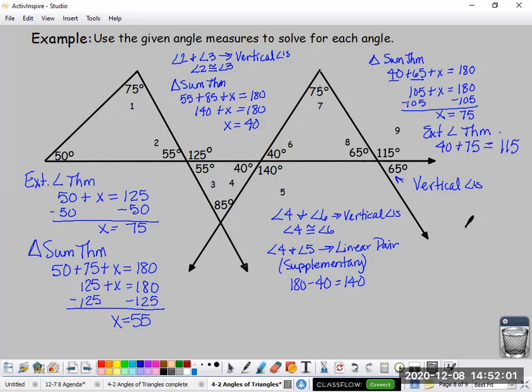So you can use a combination of any of them. There's more than one way of working some of these. If you see vertical angles, take advantage of that. If you see a linear pair, they're supplementary, definitely take advantage of that. And then use the triangle sum theorem or exterior angle theorem to finish out the bigger pictures.